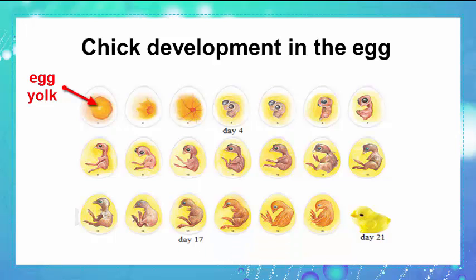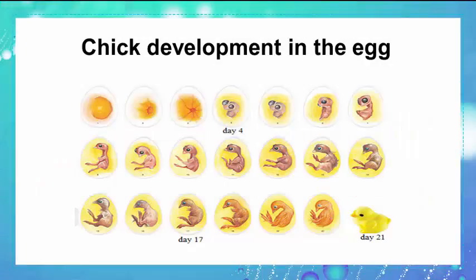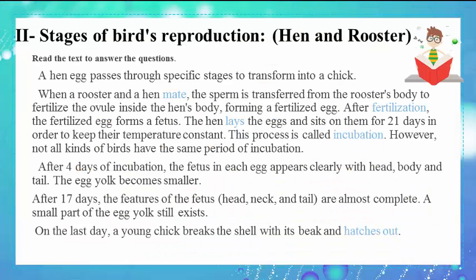So, the amount of the egg yolk becomes smaller, and the chick develops inside the egg. On the last day, a young chick breaks the shell with its beak and hatches out.